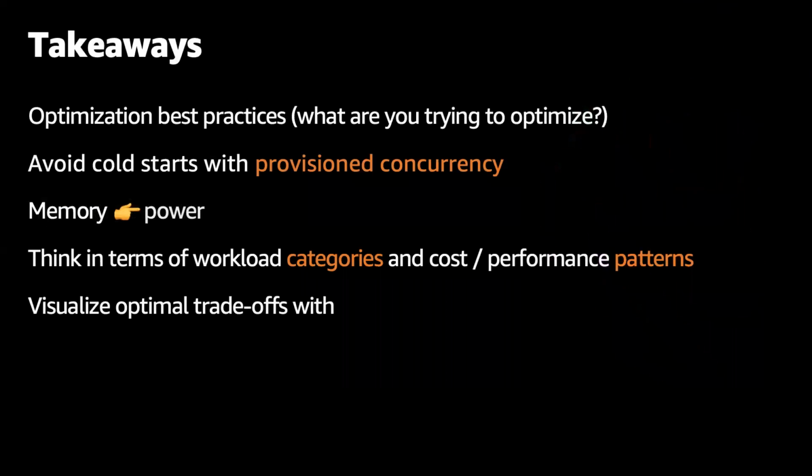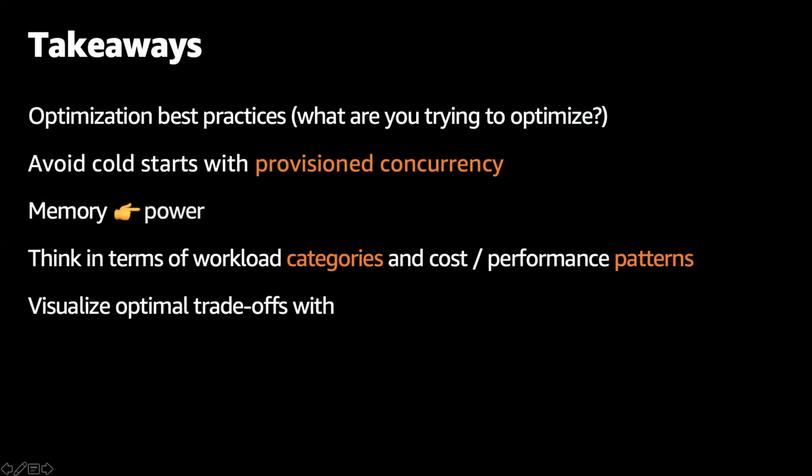So takeaways: keep in mind what you're trying to optimize. Is it the cold start? Is it the warm start, so the largest majority of your execution? There are different techniques. You can avoid cold starts with provisioned concurrency, but always remember memory is power with Lambda. So not just memory, not just RAM, it's CPU, it's network bandwidth and everything.